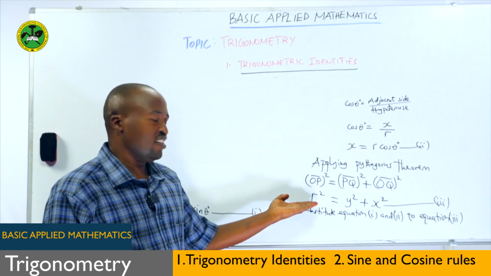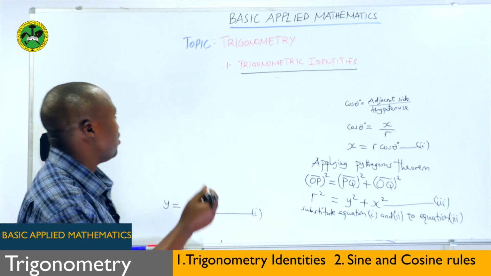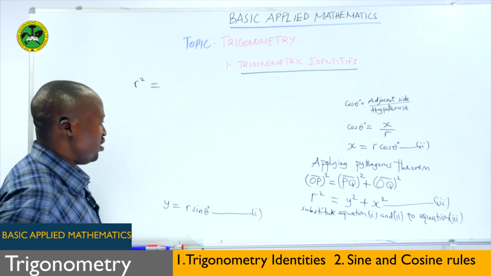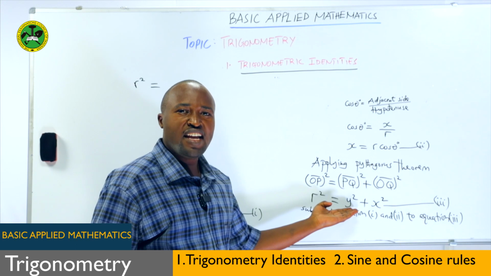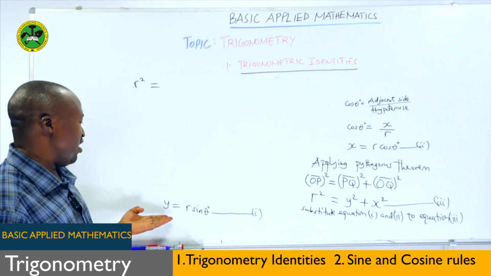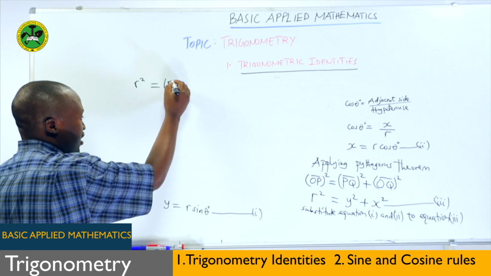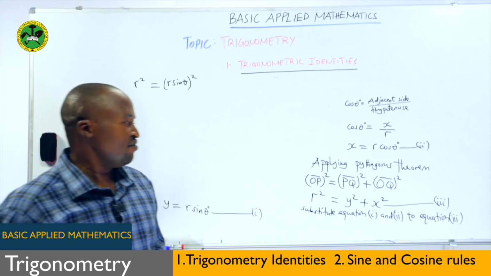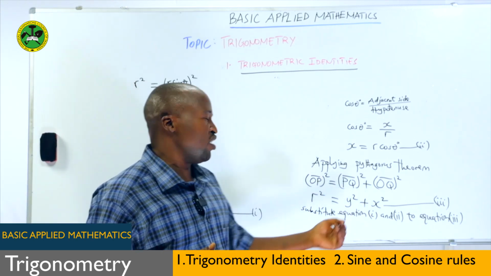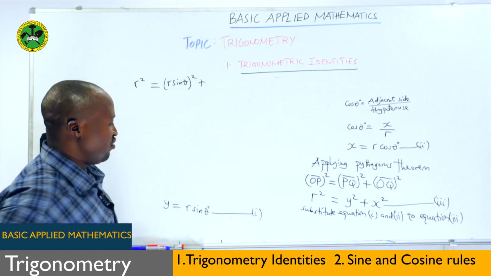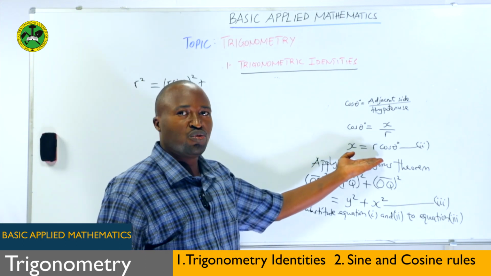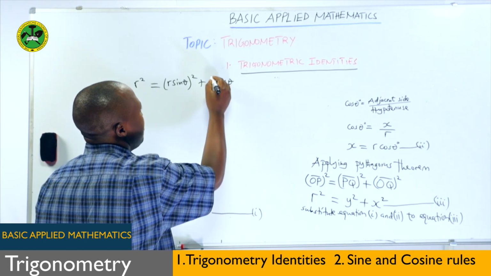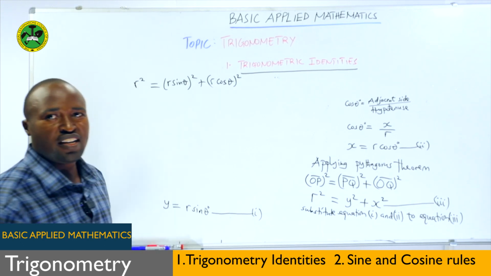Now, equation 3 starts with the r squared. So we have r squared, which is equal to y squared. It means the value of y is (r sin theta) squared, plus x squared, where x is found in equation 2, that is (r cos theta) squared.